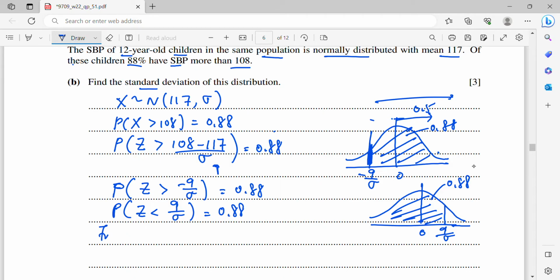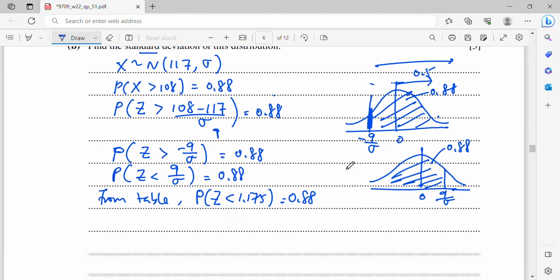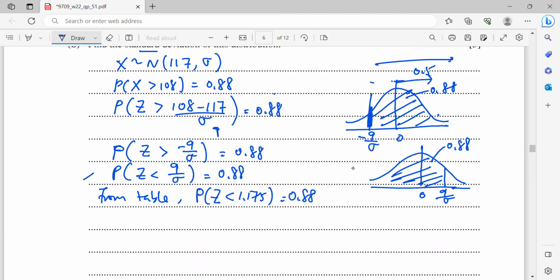Then from the table, you will just read, P(Z less than 1.175) is 0.88. This value you get from the table, and now you equate them. So you compare these two equations. That means 9 over sigma is 1.175.